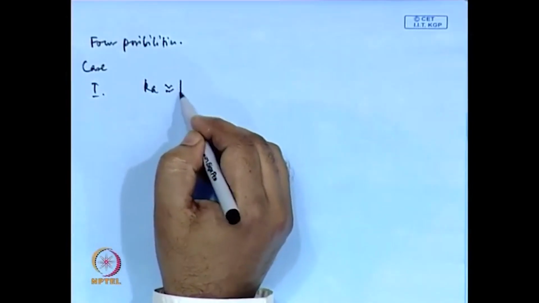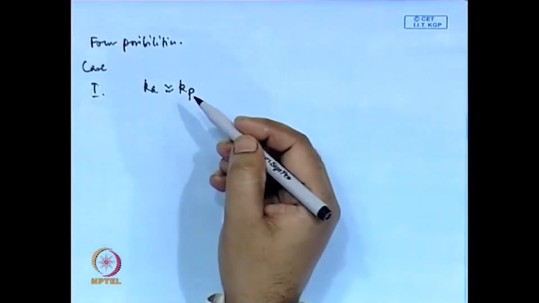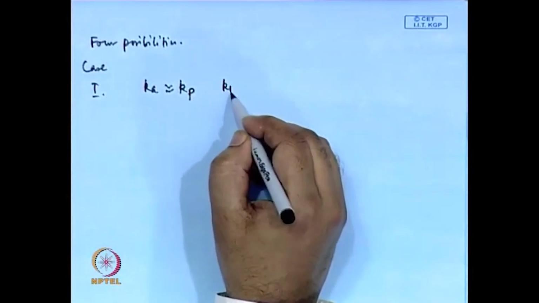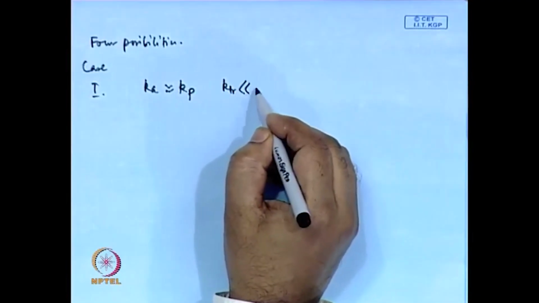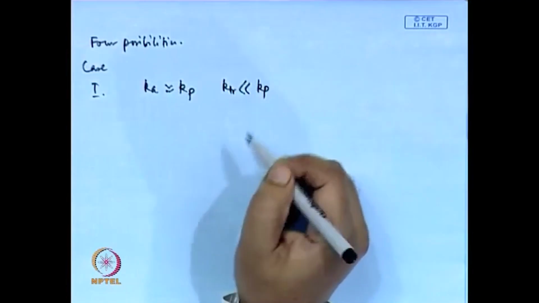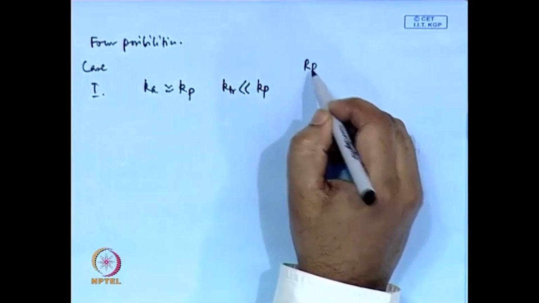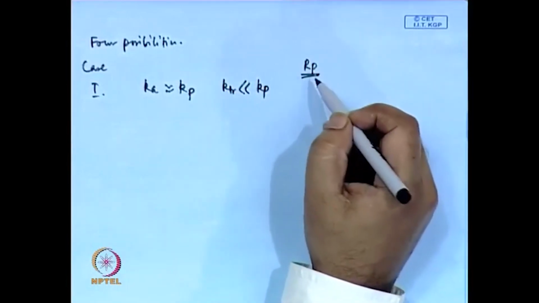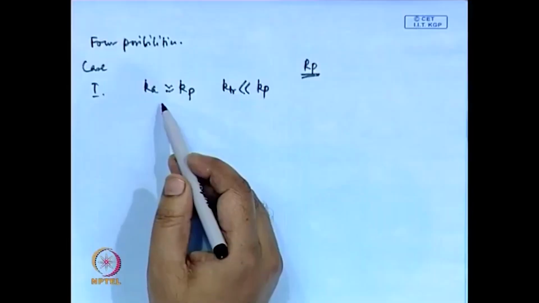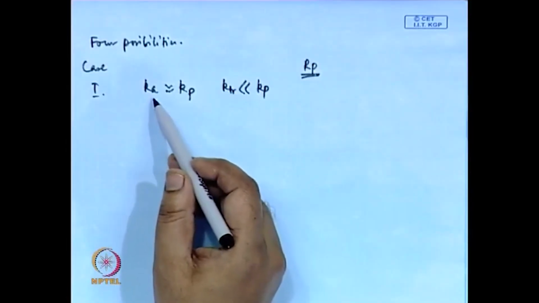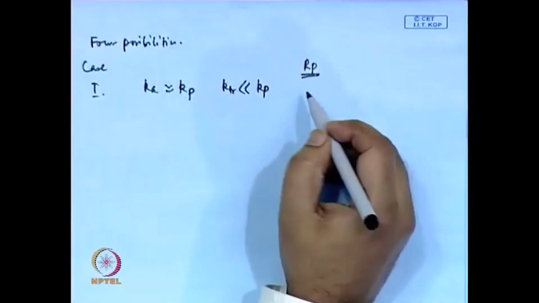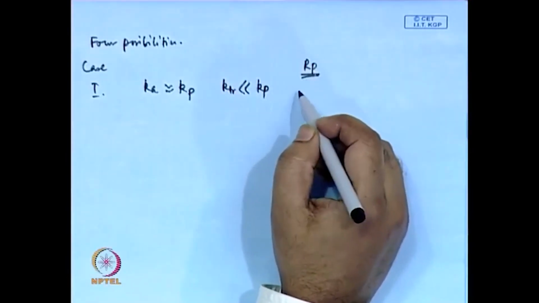Now, case 1, Ka is similar to Kp and K transfer is much lower than the propagation. So, what is the effect on rate of polymerization? Rate of polymerization is nothing but rate of disappearance or rate of consumption of monomers. Now, if this new radical formed from the transfer reaction also consumes monomers at the same rate, obviously rate of polymerization does not change.